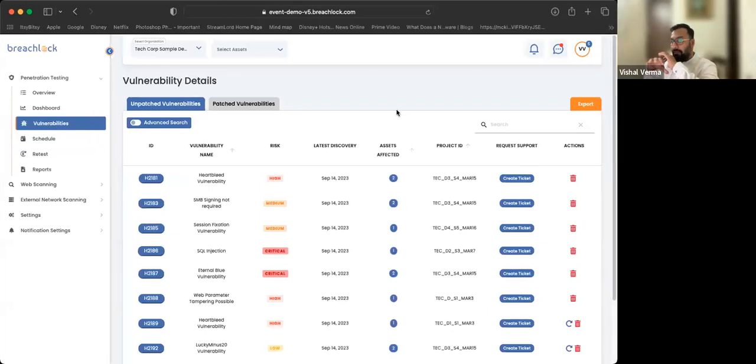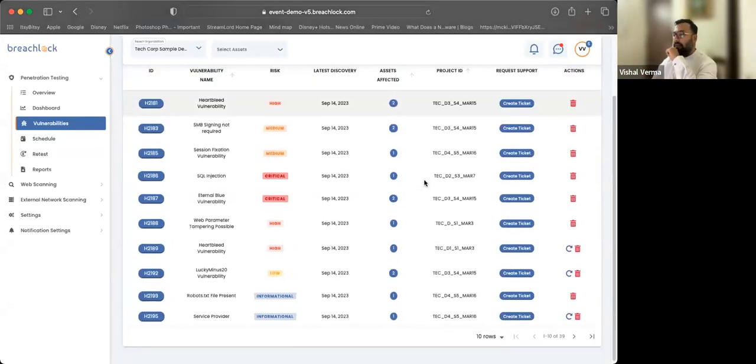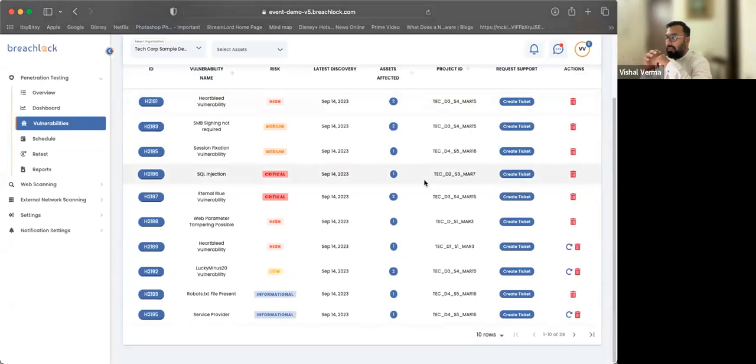So this is basically the demo portal, and this is how the vulnerabilities and the automation start to come into play. If you look through the information being generated by the automation engine, this depicts an automated vulnerability. The automation engine generated this vulnerability. It is a true positive validated by the security researcher.